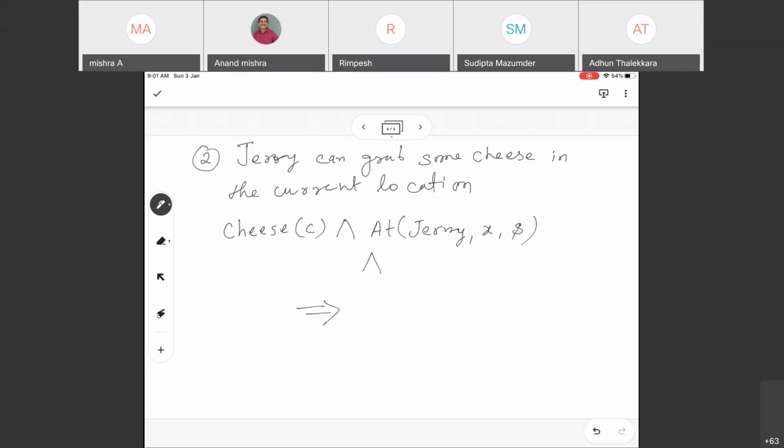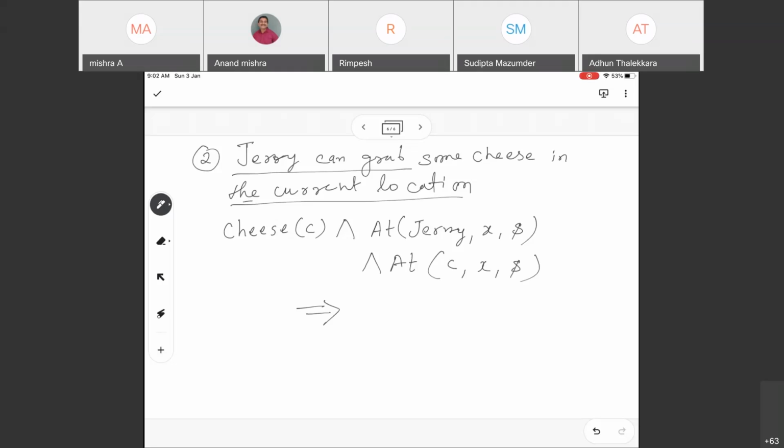So cheese C must also be at X in situation S. This is the entire statement we are trying to write: Jerry can grab some cheese in the current location.